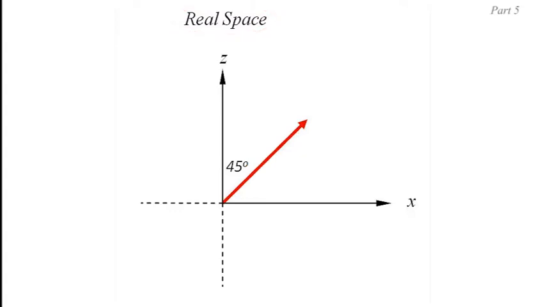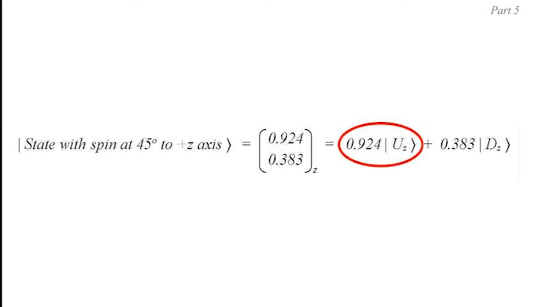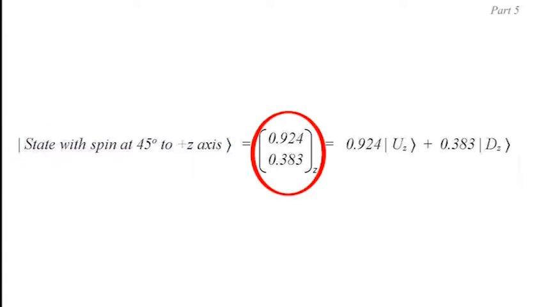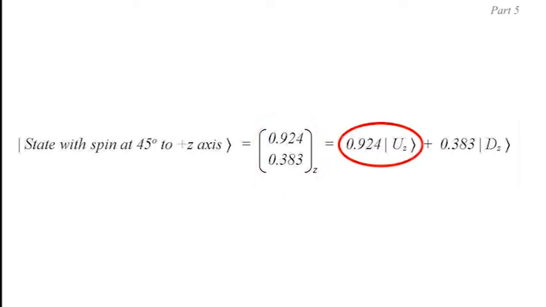And in fact, the rules and mathematics of quantum mechanics give the state vector as 0.924 up and 0.383 down. We can write it in these two ways, of course. Spin with state of 45 degrees to the z-axis is the column vector 0.924 and 0.383. Or it's equal to 0.924 times the up state plus 0.383 times the down state. And all of this can be shown from the mathematics, but it shouldn't at this stage seem too unreasonable.